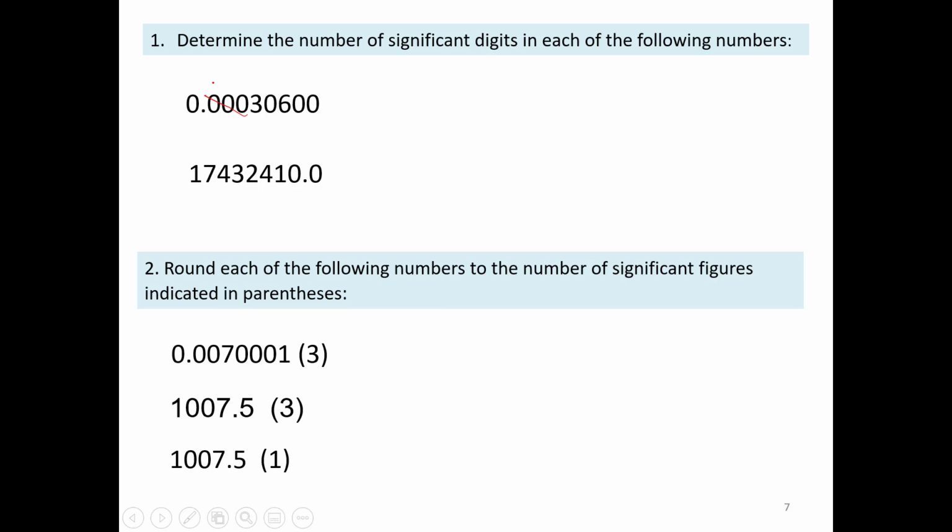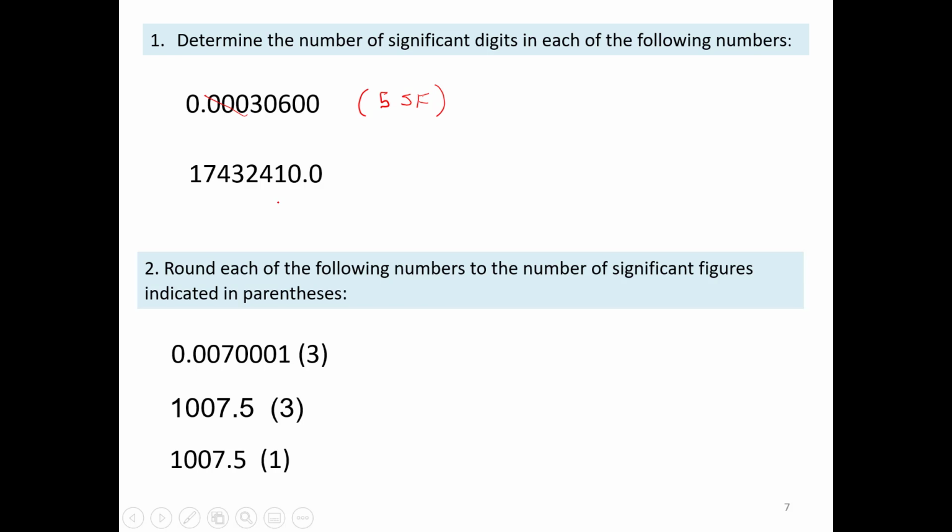But we know this zero is significant because it's between 3 and 6, and the last 2 are significant because they are to the right of the non-zero digit. Then we can say 1, 2, 3, 4, 5. Then this number has 5 significant figures.